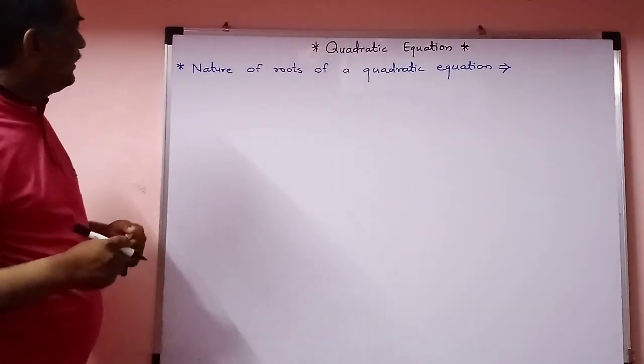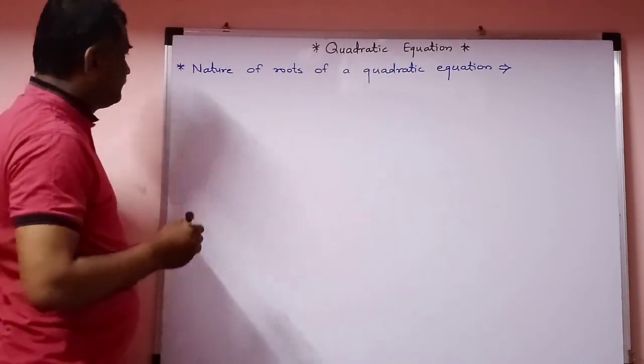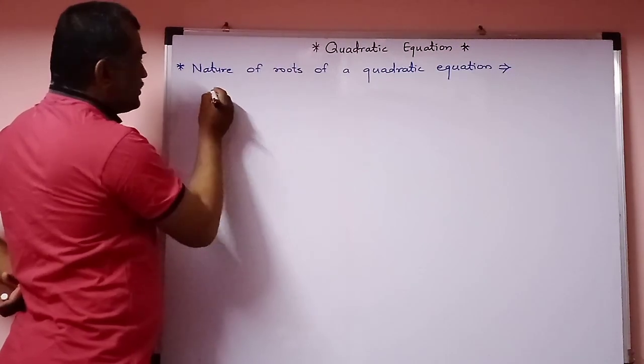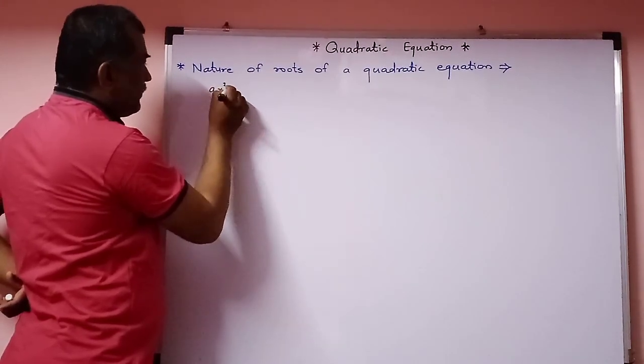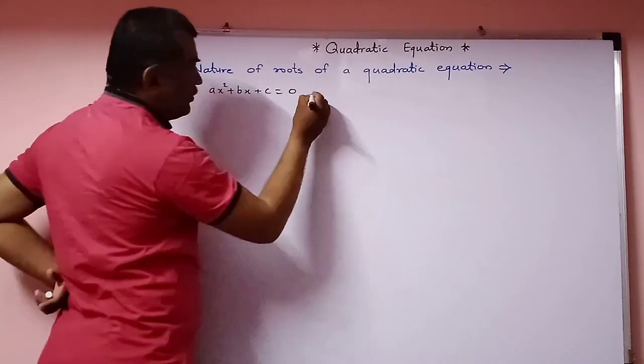In quadratic equation, next point is nature of roots of a quadratic equation. General form of a quadratic equation is ax square plus bx plus c is equal to 0.